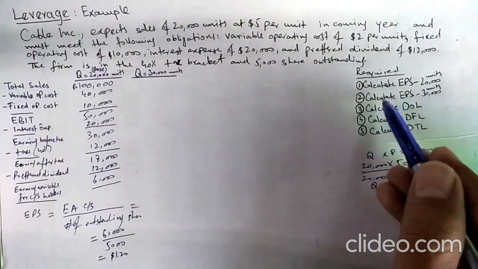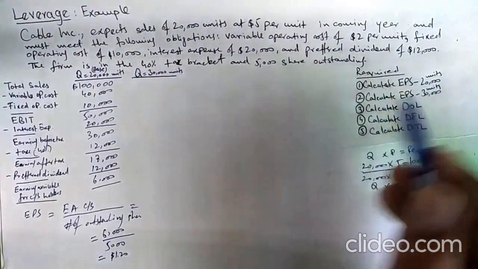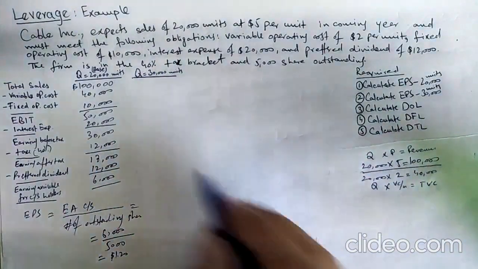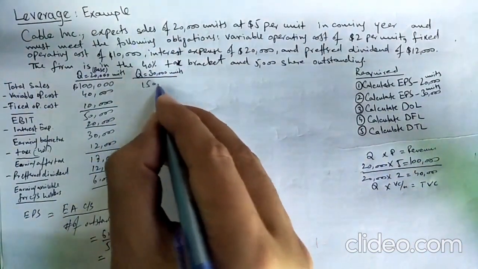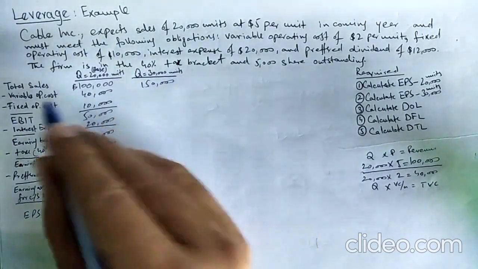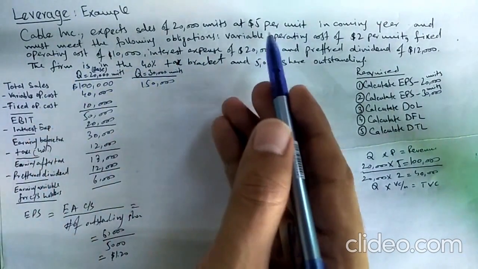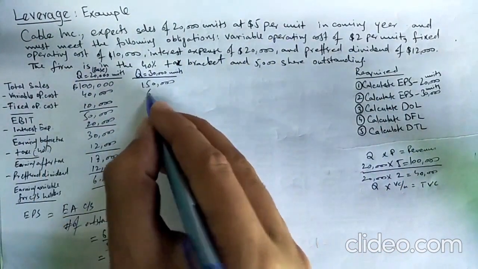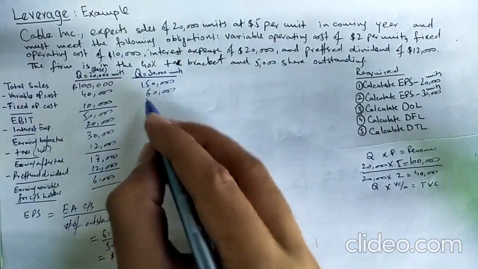The second requirement is to calculate EPS for 30,000 units. For 30,000 units, 30,000 multiplied by 5 is 1 lakh 50,000, and 30,000 units multiplied by the variable cost of 2 per unit is 60,000, which is the variable cost.